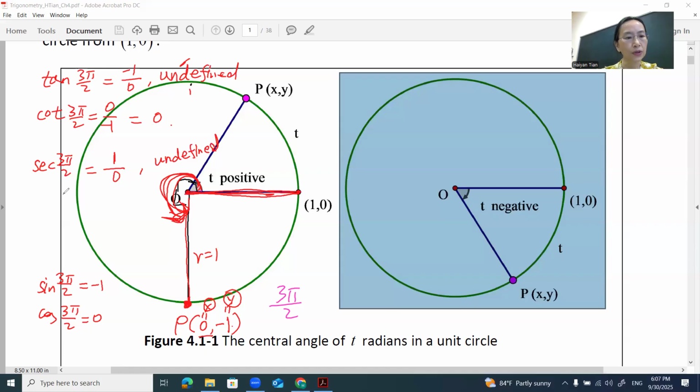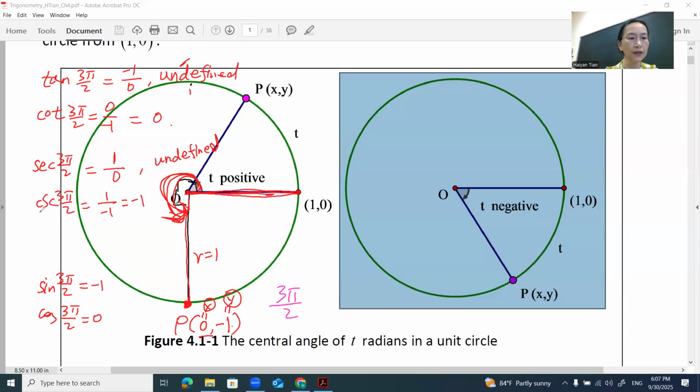And one more, cosecant. Cosecant 3 pi over 2, which is r over y. Y is -1, so the ratio is -1. So that is the cosecant.